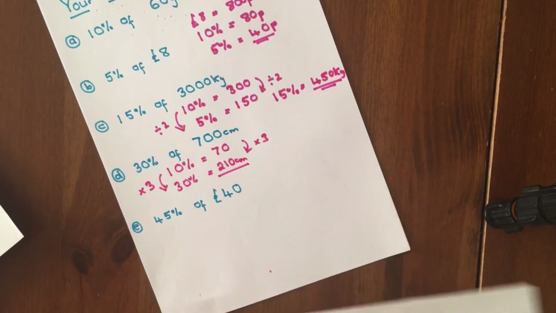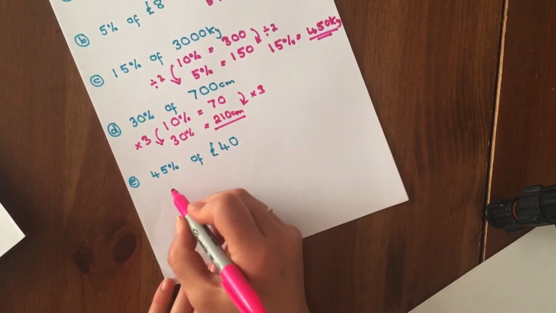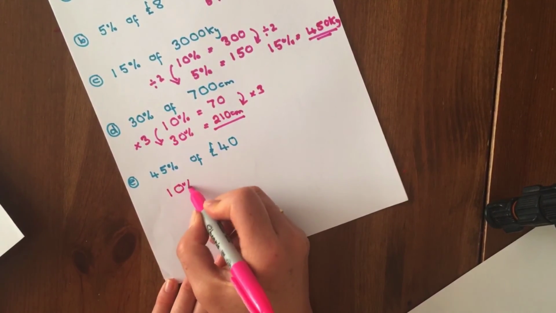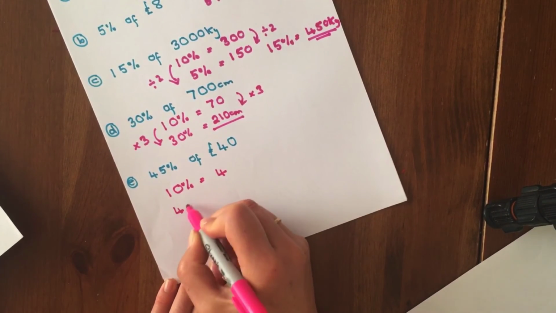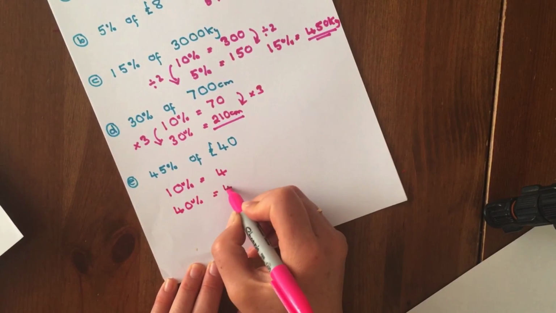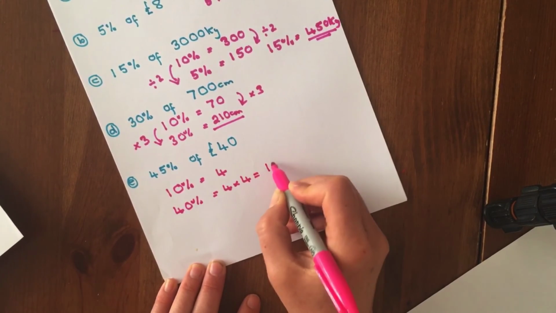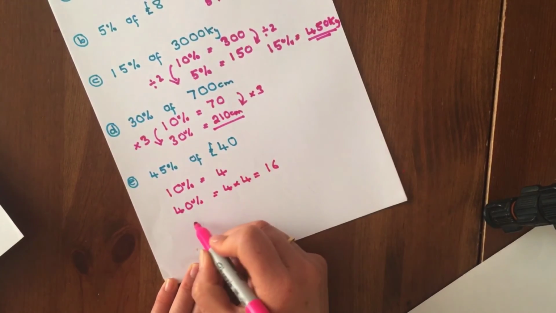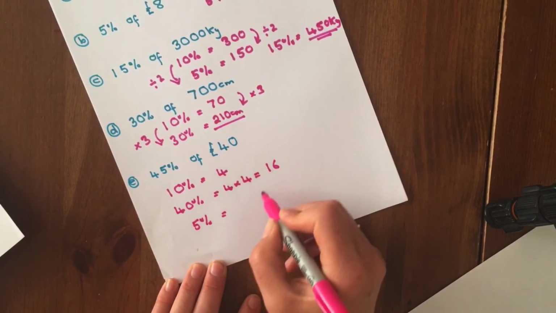And the hardest question now, 45%. I start off with 10%, divide by 10. I'm now going to work out 40%. To find 40%, I want 10% 4 times, which will be 16. To get 5%, I want half of 10%.